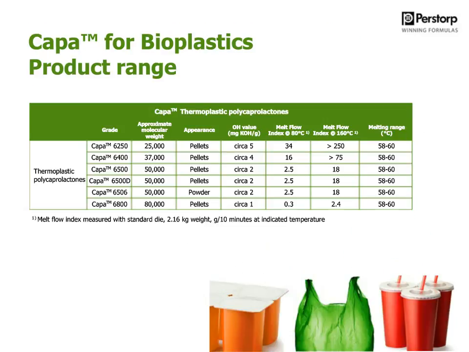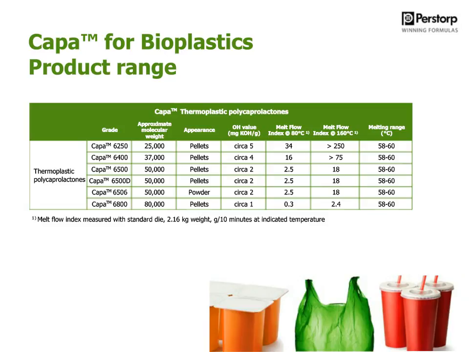So looking at the Capa for bioplastic products, we today offer a range of 7 products. We have an overview of all of them, so you can pick the one which fits your product or the challenge you're facing, to modify and test it to see if it fulfills your requirements.